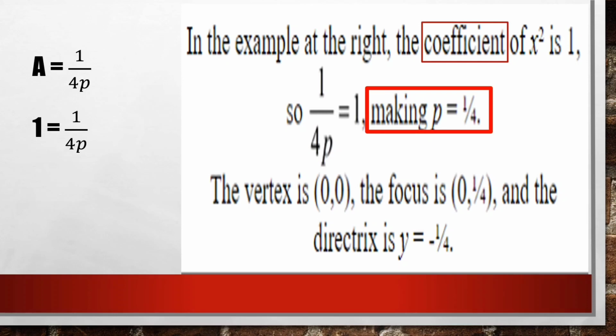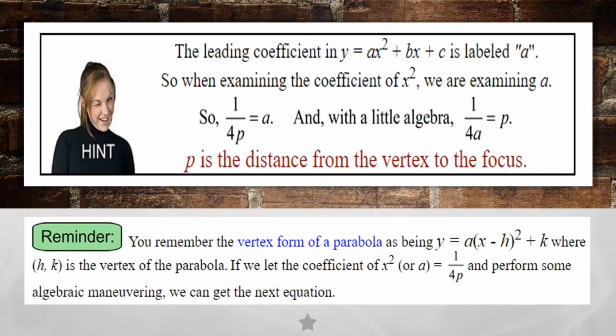Cross multiplication, therefore 1 times 4p is equal to 4p, is equal to 1. And then divide both sides by 4, therefore p is equal to 1/4. The vertex is 0, 0, the focus is 0, 1/4, and the directrix is y is equal to negative 1/4. The leading coefficient in y is equal to ax squared plus bx plus c is labeled a.